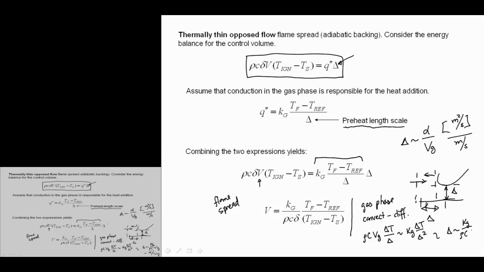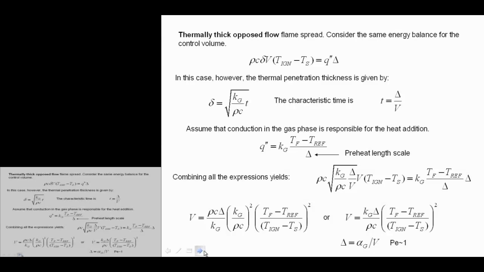We know what this delta looks like, which is shown here. By this approximation that they're equivalent, we lose that, and we get a funny Kg over, because this is K gas over rho C of the solid. So these are solid properties in the denominator, but a gas property in the numerator. It's essentially the same analysis from the perspective of delta for the preheat length.